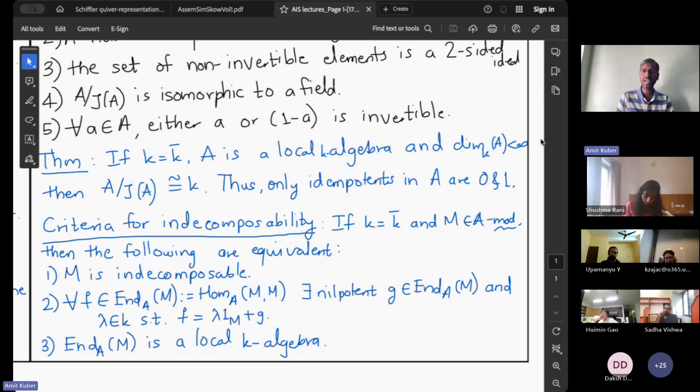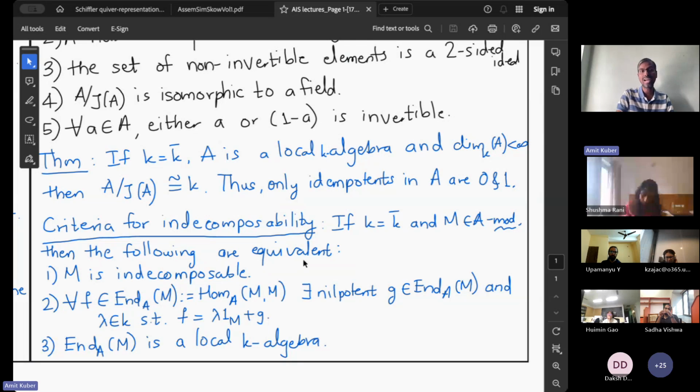Indecomposability, as you remember, I hope, is very crucial thanks to the Krull-Schmidt property, that we need to identify all finite dimensional indecomposables. Well, how are we going to detect whether a given module is indecomposable or not? So here are two criteria.